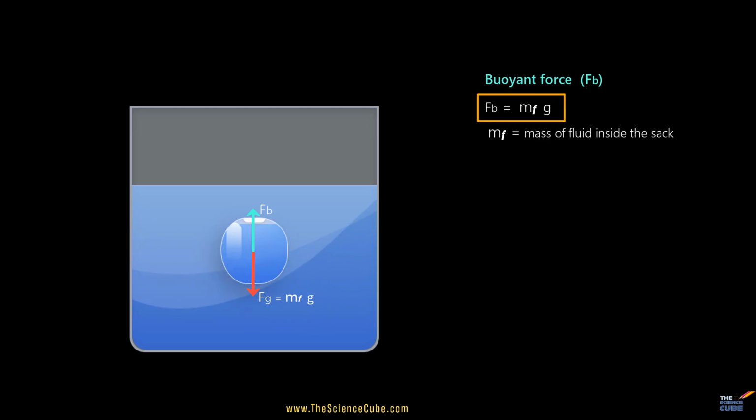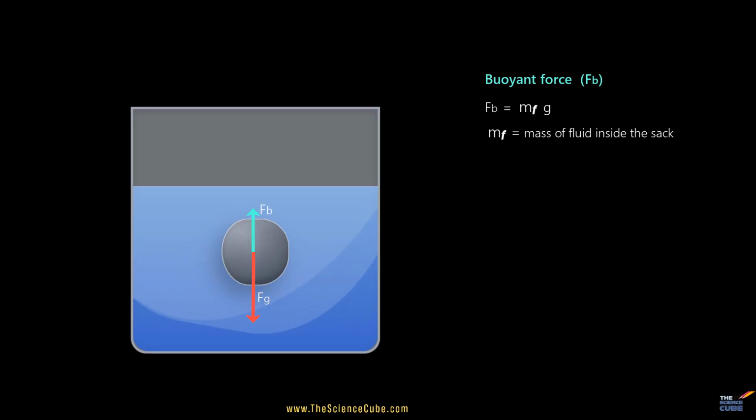Now, what we'll do is put a stone of exactly the same shape as that of the sack in place of the water, such that it exactly fills the same space. So you could say that the stone has displaced the volume of water that was earlier in this space. And here is a crucial point.